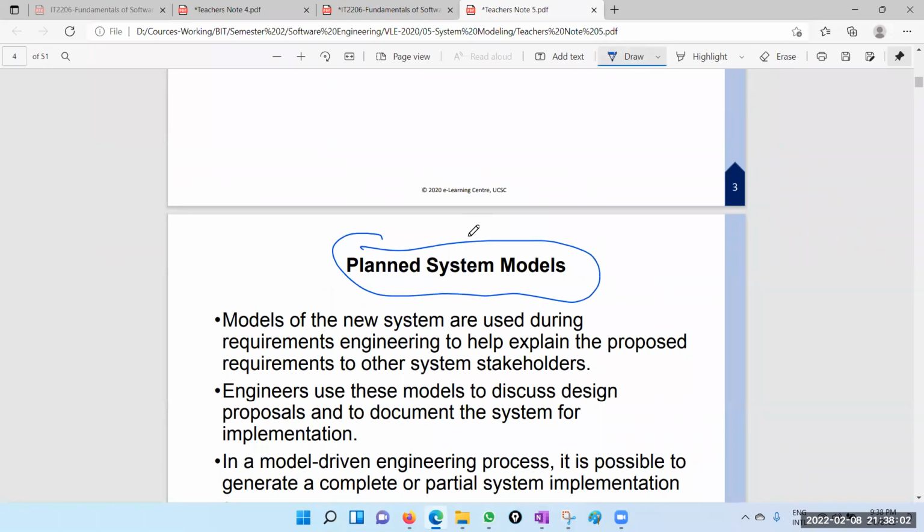We can even model how the functionalities of the planned system work. Because when we are developing software, it is not just automating. Most of the time we change the business flows, business processes. If we can find a better way of doing the business process, it's not only that software is introduced, we change the business flow. It's a new way of doing things.